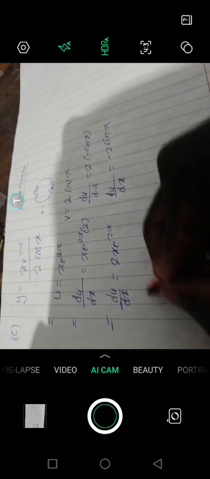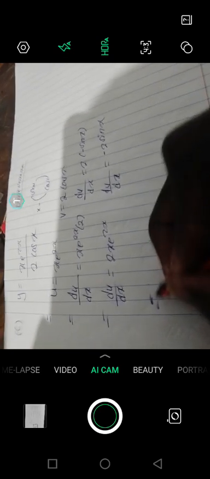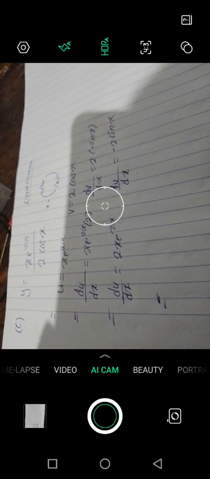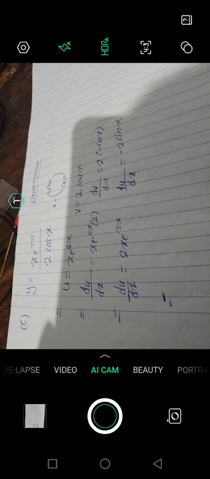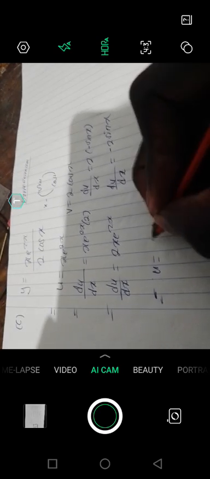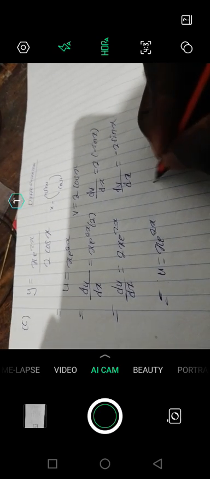Then after that, I've differentiated everything. Just have to put everything together and show what's supposed to be shown. So I've got two values: u is x e to the power 2x, and v is equal to 2 cos x.